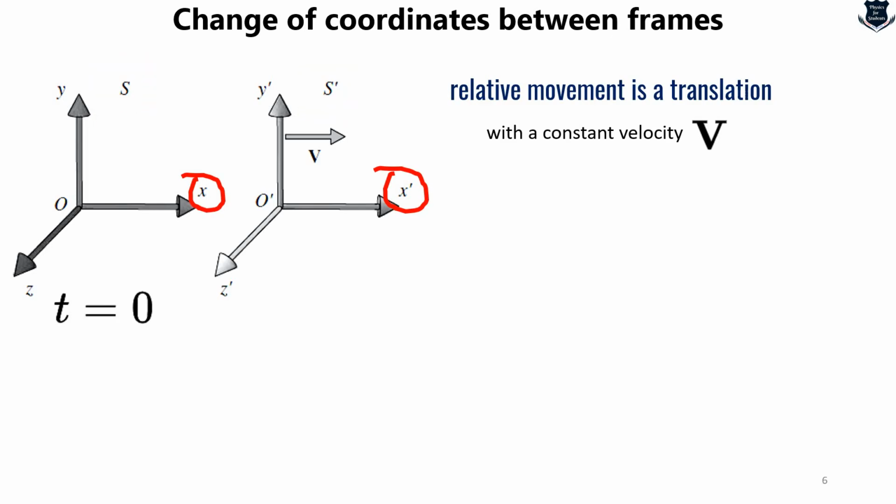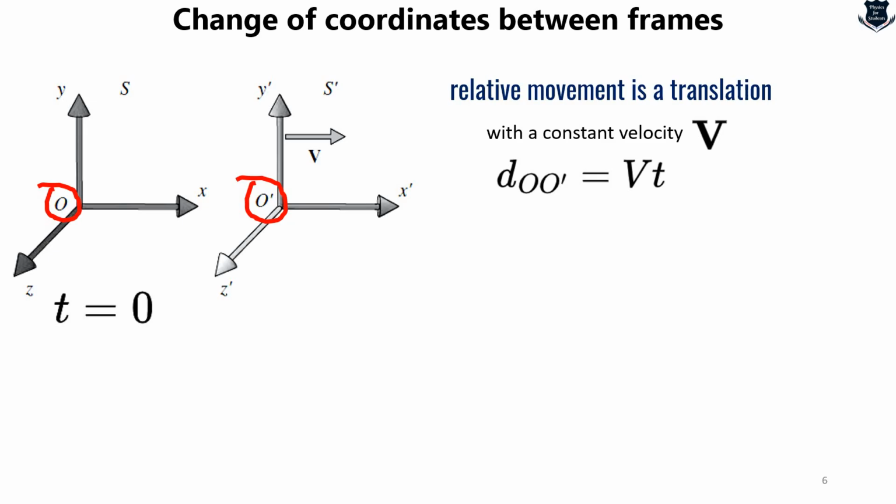Now, at an arbitrary time t, the distance between the coordinate origins O and O prime is d equals v times t.